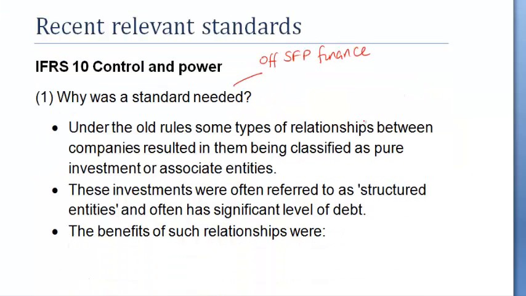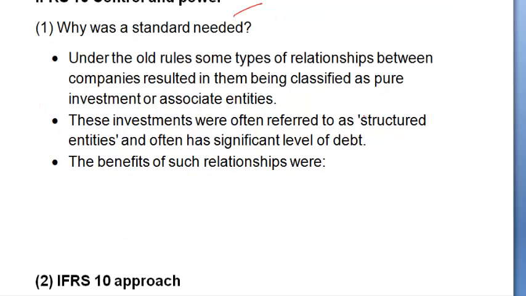So prior to IFRS 10, some companies set up subsidiaries, except they didn't call them subsidiaries, they called them special purpose vehicles or structured entities, and they almost inevitably had huge liabilities. But because they weren't being classified as subsidiaries, all of those liabilities were kept off the balance sheet.